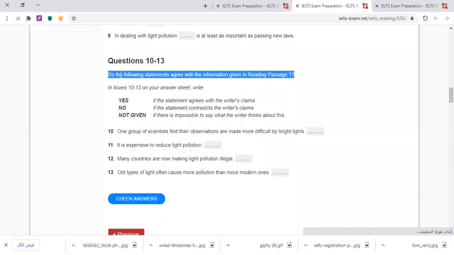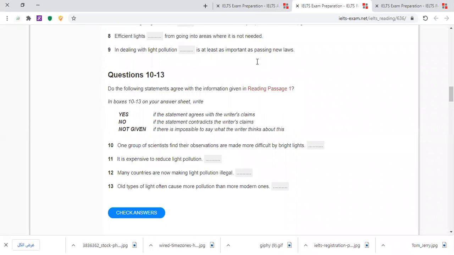Do the following statements agree with the information given in reading passage 1? Thank you so much. So you're going to see whether you write yes if the statement, the sentence, agrees with the writer, or no if it does not, or not given if you did not read it in the passage.